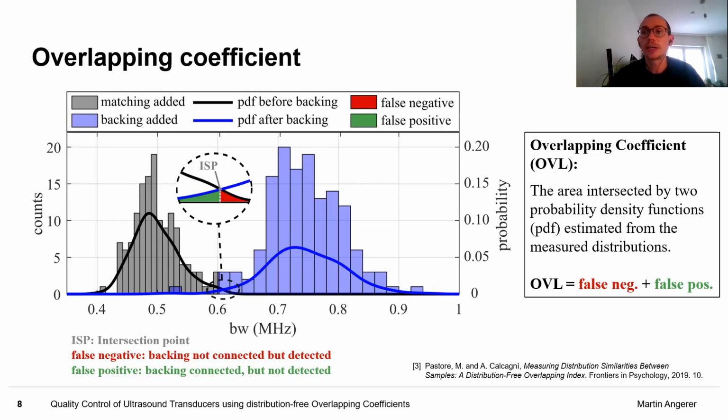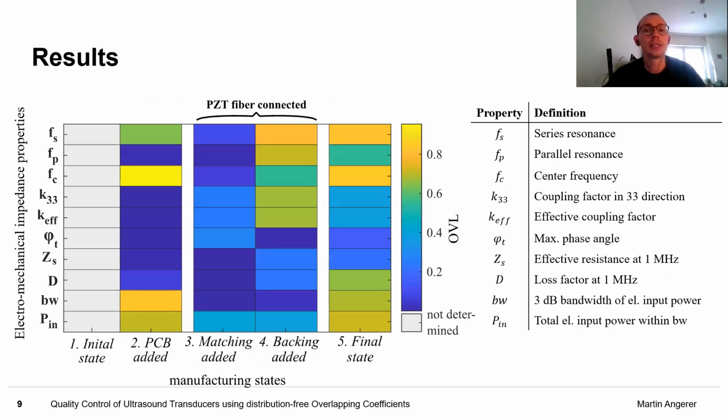Using this metric allowed us to evaluate all the derived properties throughout the course of the assembly to find the best suitable property. Here you see the results matrix, where on the x-axis we see the 5 fabrication states, on the y-axis the 10 electromechanical impedance properties, and color-coded the respective overlapping index between the current and the preceding fabrication state.